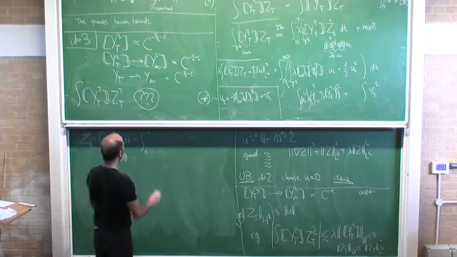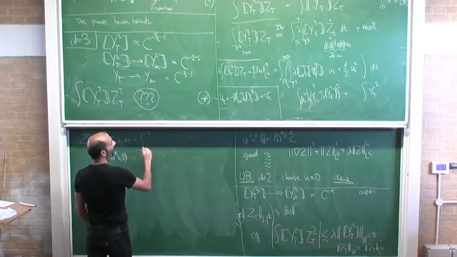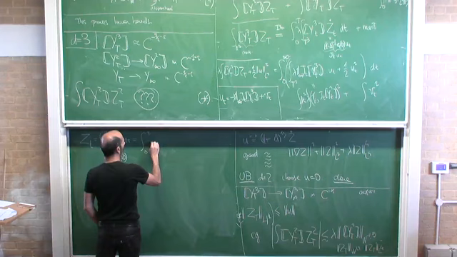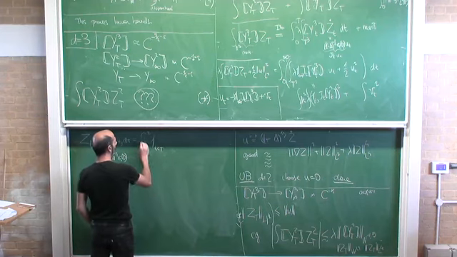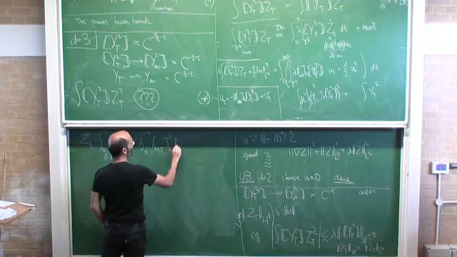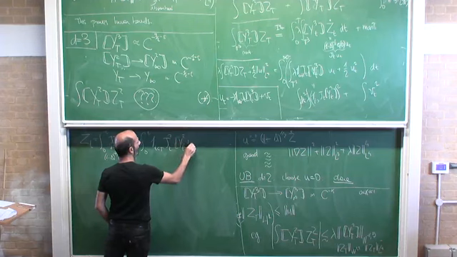Now, there are two terms. This is t smaller than t minus lambda, and then you have g_t squared, and then you have Y cubed t dt.